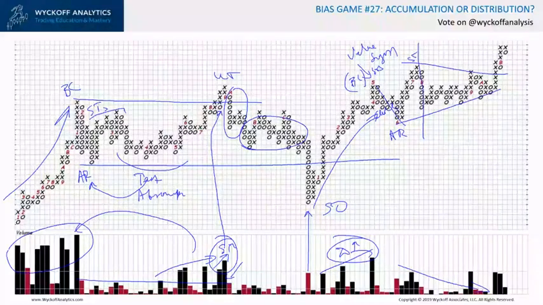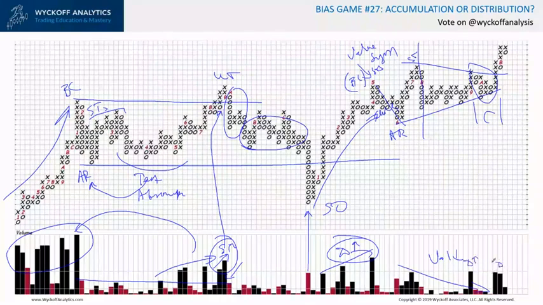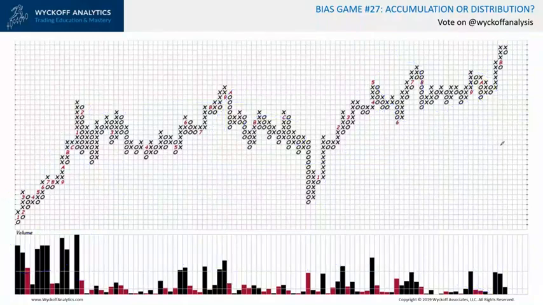Secondary test, phase A, and then this is probably phase C. Volume is diminishing into the apex. Some demand is coming in, some demand is coming in, and then we are breaking to the upside. So still bullish. There is really nothing here of bearishness that we could see.